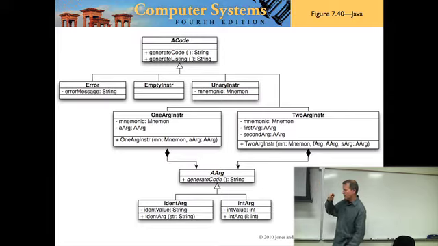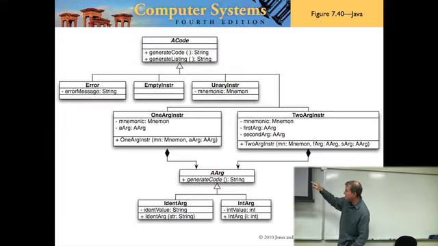So each line of code has a function that will generate a code, and also a function that will generate listing, and they are methods that return type string. Are you with me? And then remember we went over this: error, empty instruction, unary instruction, one arg instruction, and two arg instruction.